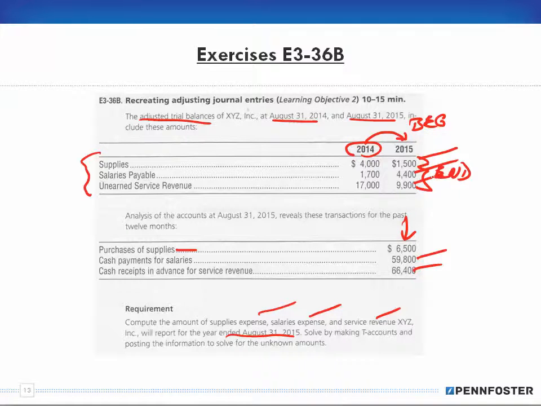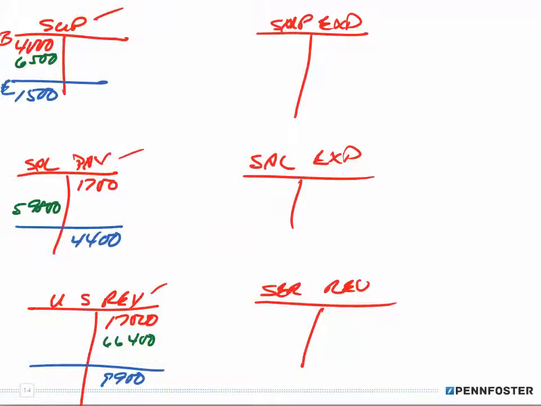So when I'm creating the T accounts, I'm showing the beginning balances of 4,000, 1,700, and 17,000. And then I also have to show whatever transactions occurred, which in this case is the 6,500, 59,800, and the 66,400.